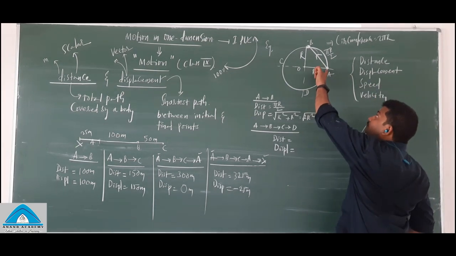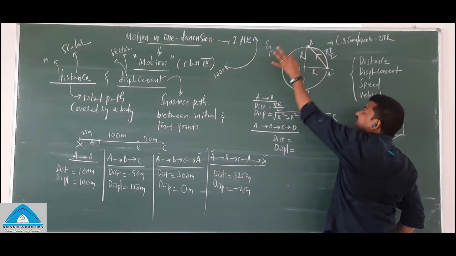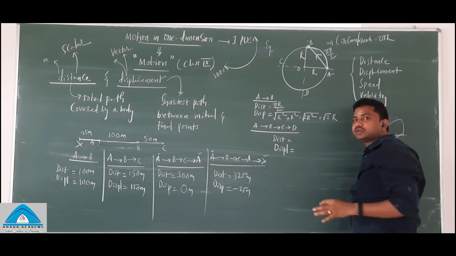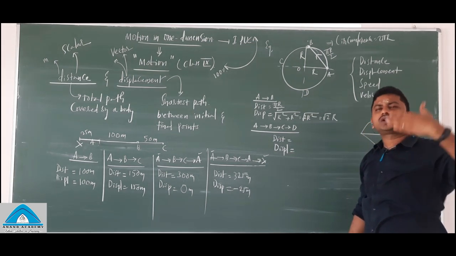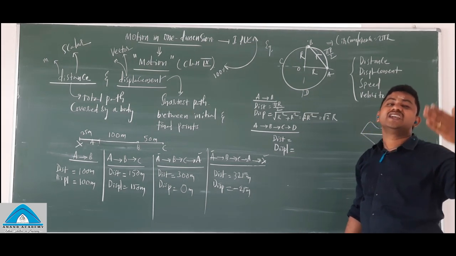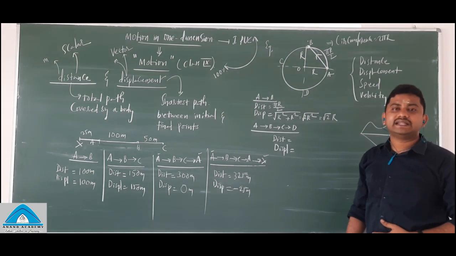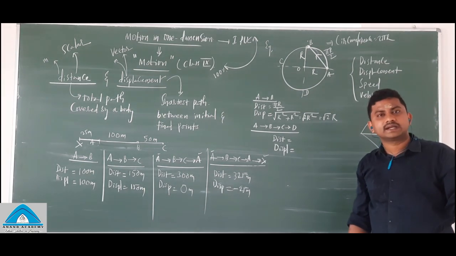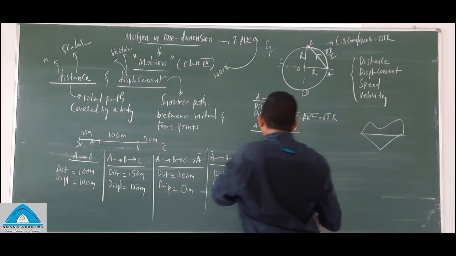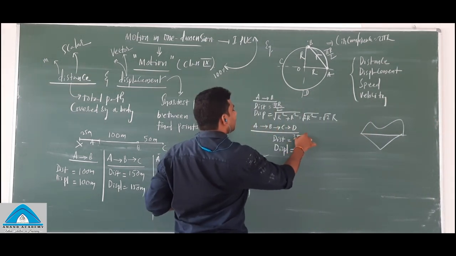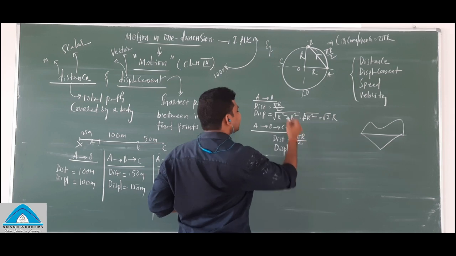I told you this path length is pi r by 2, this is pi r by 2, and this is pi r by 2, right? All together, the total path traveled by the body is 3 pi r by 2. That's called distance. Is it distance or displacement? It's a distance. So 3 pi r by 2 is the distance.